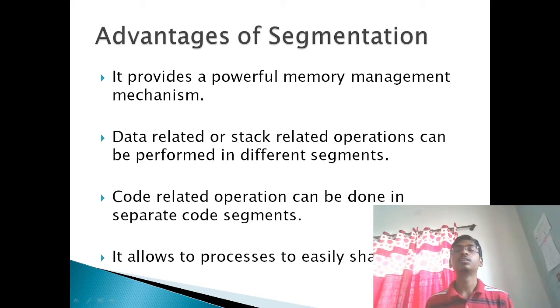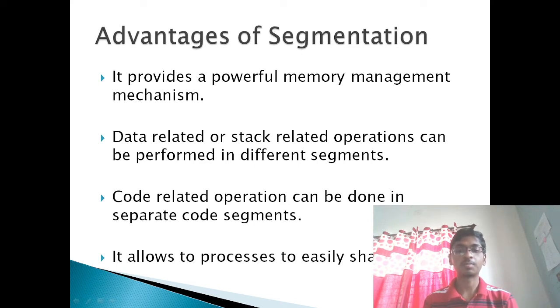Another topic is the advantages of segmentation. After covering segmentation in detail and its types, now I explain the advantages of segmentation. It provides a powerful memory management mechanism. Sometimes the segments are overlapped.